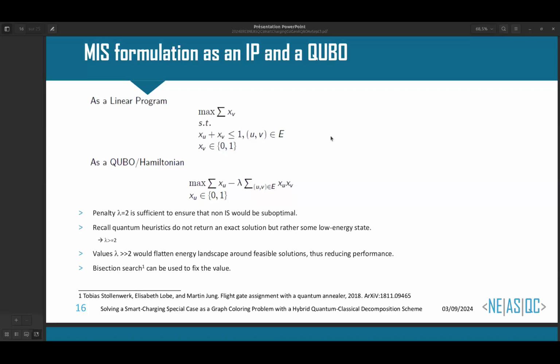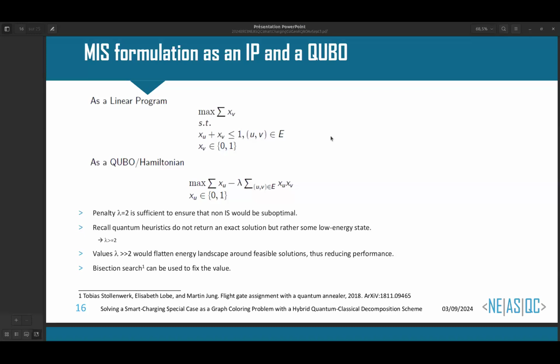And also in the QUBO, which agrees with the Hamiltonian form. So we relax the constraints and put it in the quadratic form, and then a penalty appears. This penalty should be sufficient to ensure that a non-independent set would be suboptimal, so that the optimal solution would be feasible and would be an independent set, a maximum independent set.